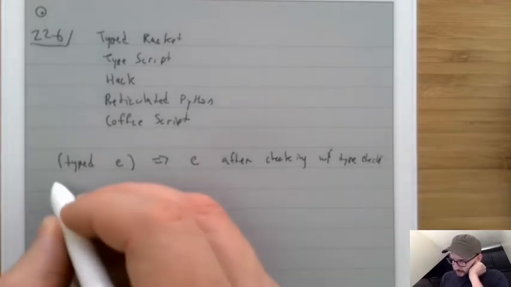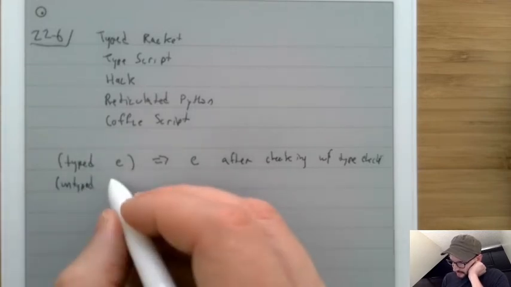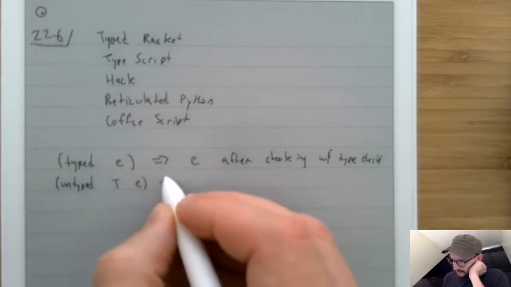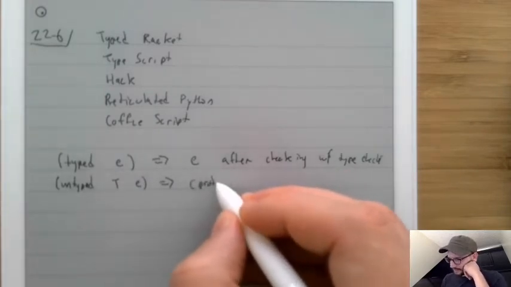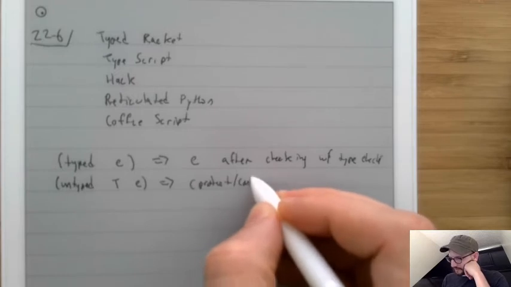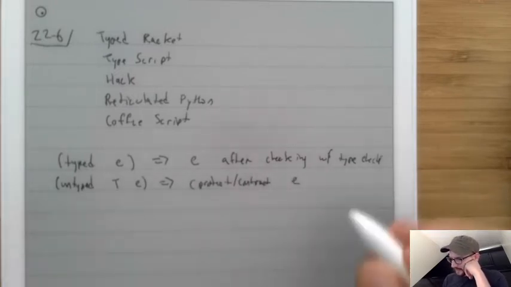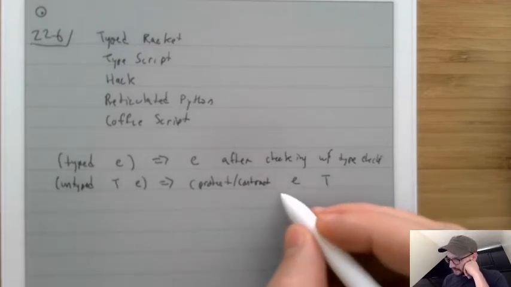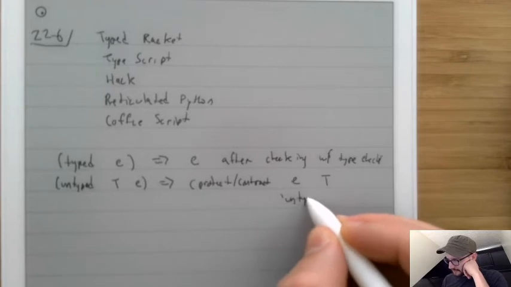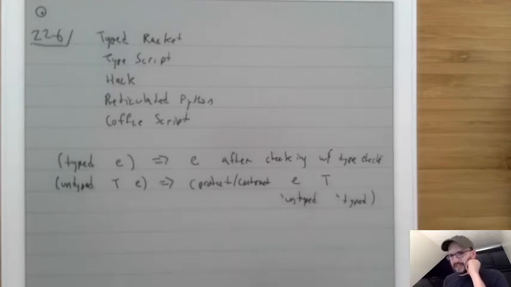And then there's another expression called untyped T E, where we call protect, that's the thing from the contract system, where we're going to protect this value E, and we're going to assume that it's supposed to be of type T. If it's a failure, then we know it's the untyped's fault, and otherwise we know it's the typed's fault, and we know that it's never possible for it to be the typed's fault.